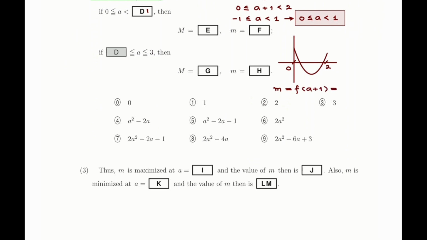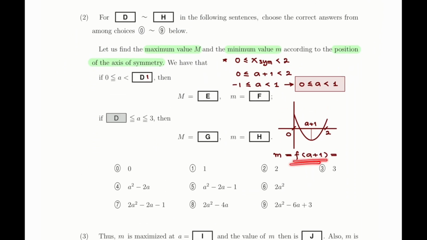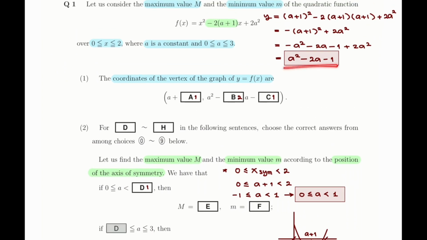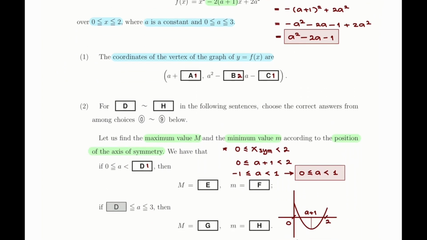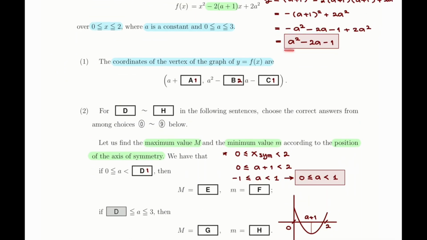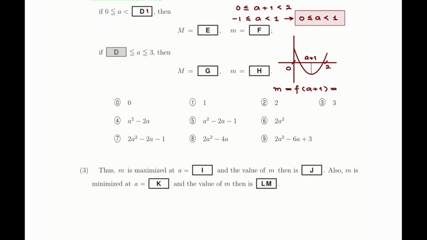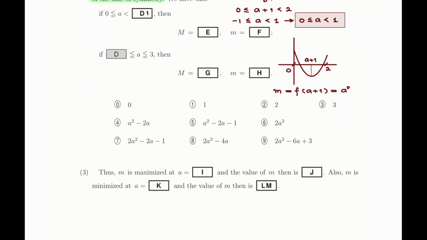You need to remember, the axis of symmetry here is a plus 1. We already found f(a plus 1) over here. So without any calculation, f(a plus 1) is equal to a square minus 2a minus 1. This is the lowercase m. So for letter F, my answer is number 5.